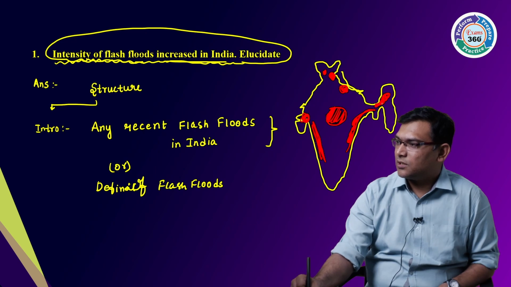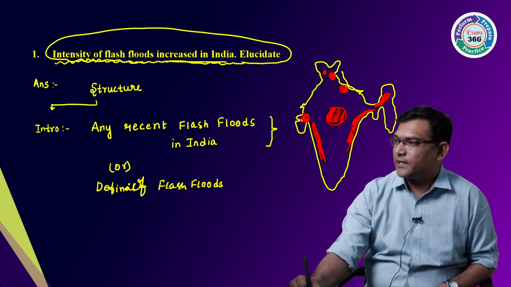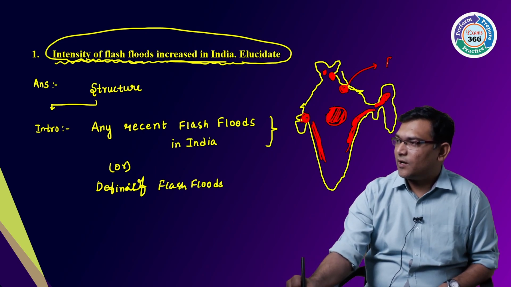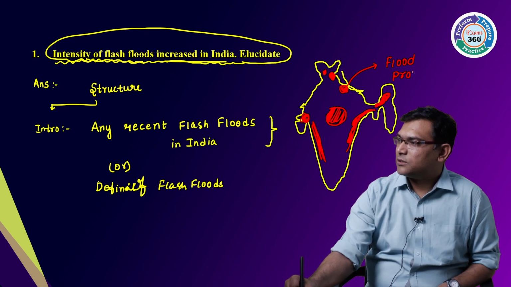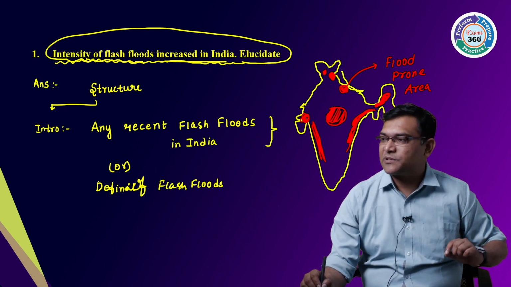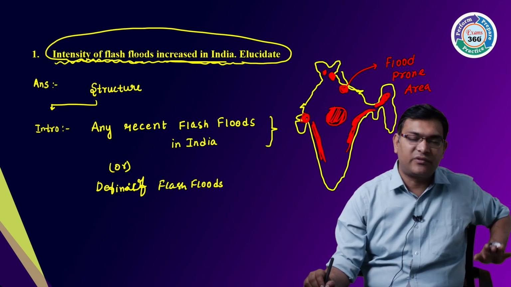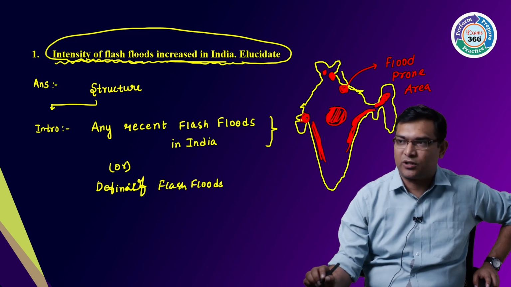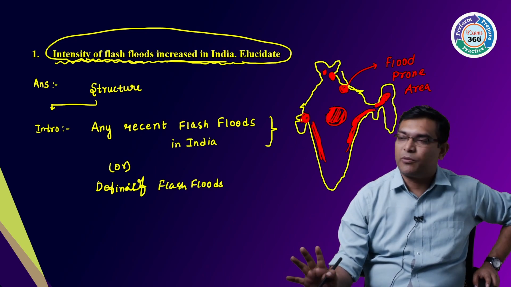These areas you can all draw and say that these are flood affected, flood prone areas. Okay, so what are the different types of areas? We have to draw that in the first main body, right?